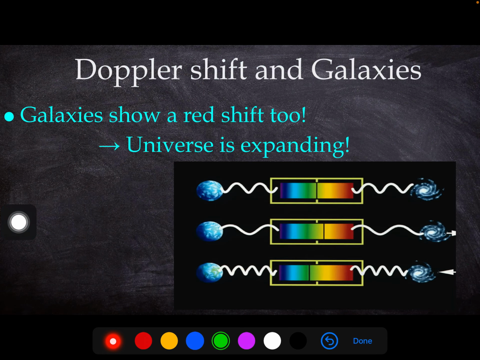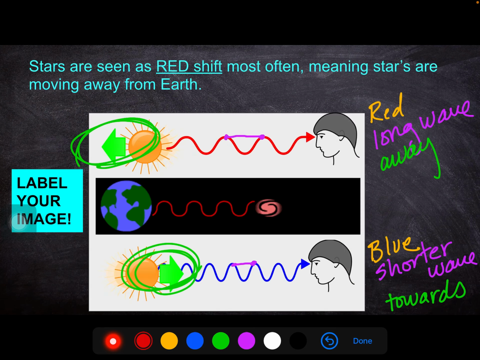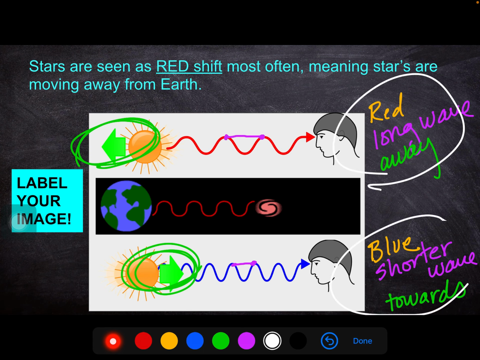And so when you get to your learning target 6, you're using those same keywords, longer and shorter, when you're describing wavelength, and towards or away when you're describing motion of either a red shifted star or a blue shifted star. So kind of go half and half with your picture here and use these outlines that we made to really help elaborate your part 6.